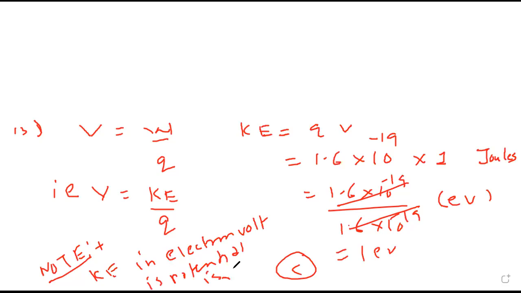It's a shortcut. So potential was given as 1 volt, therefore kinetic energy in electron volt is 1 electron volt. Reverse also: 1 volt means 1 electron volt.